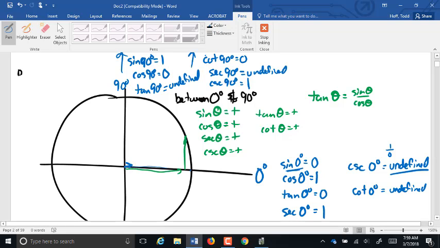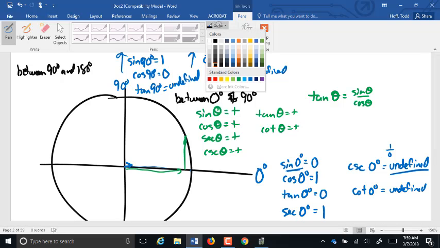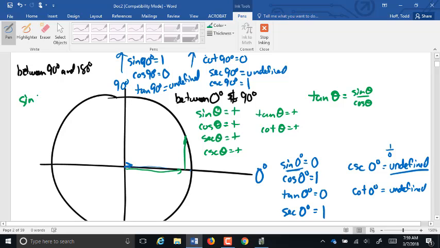Over here then, between 90 degrees and 180 degrees. Sine of theta is still above 0, right? Well, sine is vertical. That's positive. Cosine, however, is negative because that's the negative direction, right?